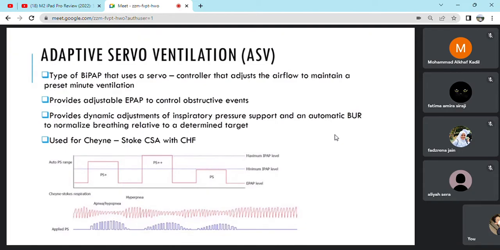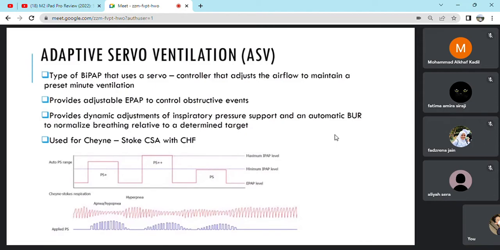While the patient is going into Cheyne-Stokes respiration, your pressure support will also adjust, depending on the need of your patient, depending on the breathing pattern manifested by your patient.